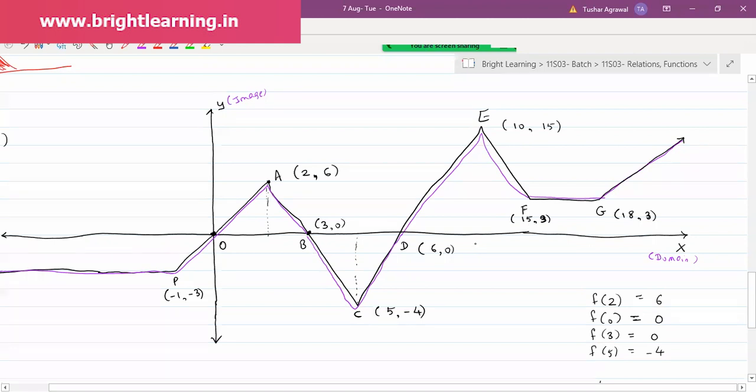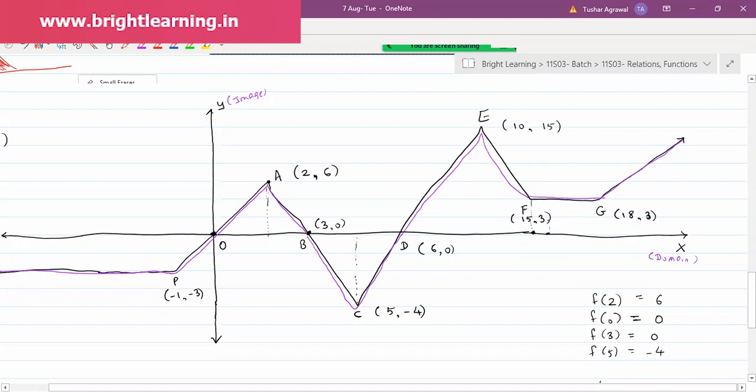Is that a function or not a function? Should I call it a function or not? Observe that if you take any point, let's say x equal to 15, how many y coordinates does it have? It has only a single y coordinate, that is 3. If you take x equal to 16, how many y coordinates does it have?